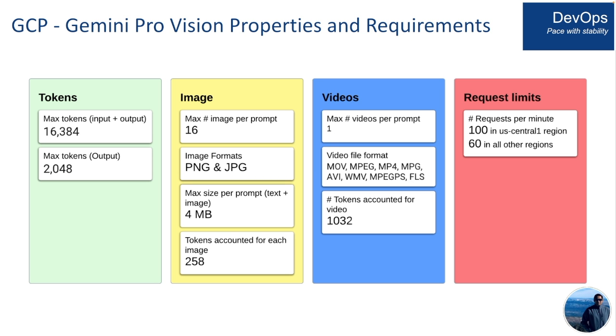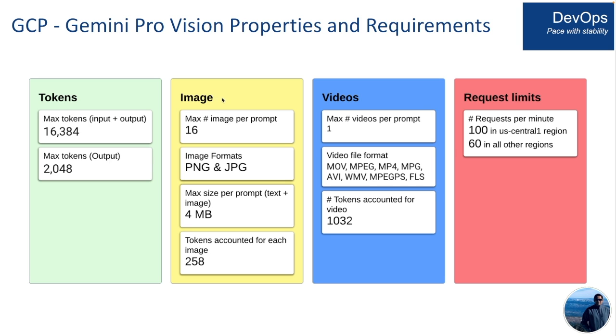All right, so lastly, let's end this with some fun facts about the Gemini-Pro-Vision model. Roughly 4 words account for a token in generative AI. The maximum tokens, input plus output, could be 16,384. However, the maximum tokens as an output or response from the model is 2048.